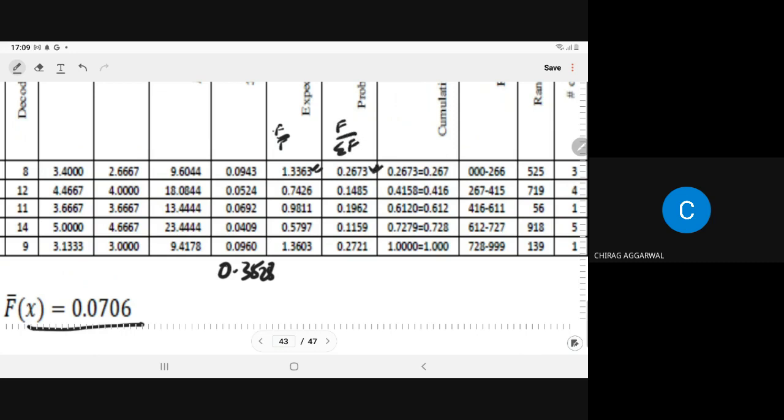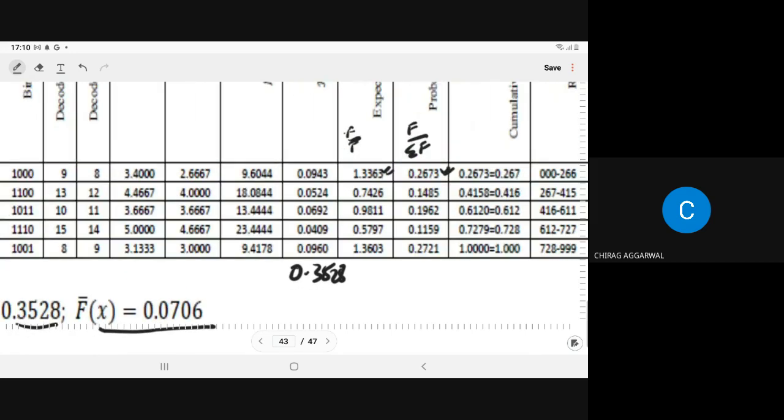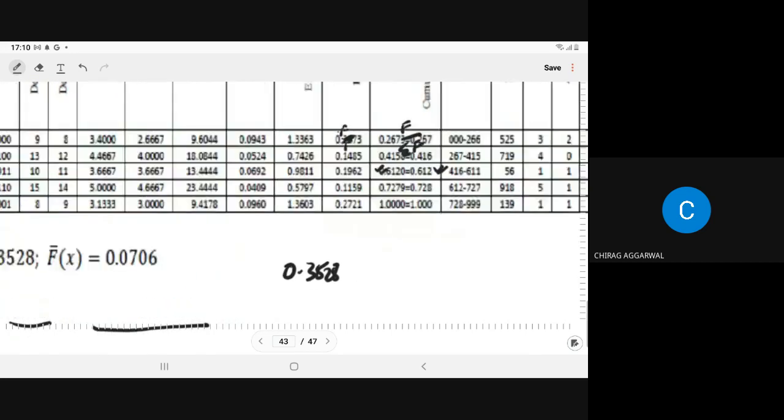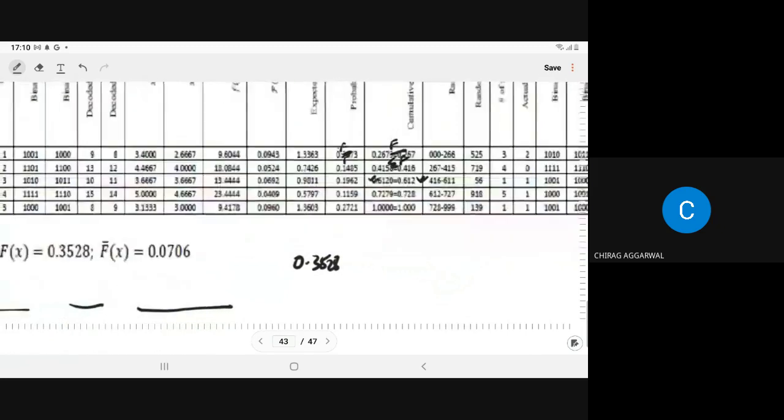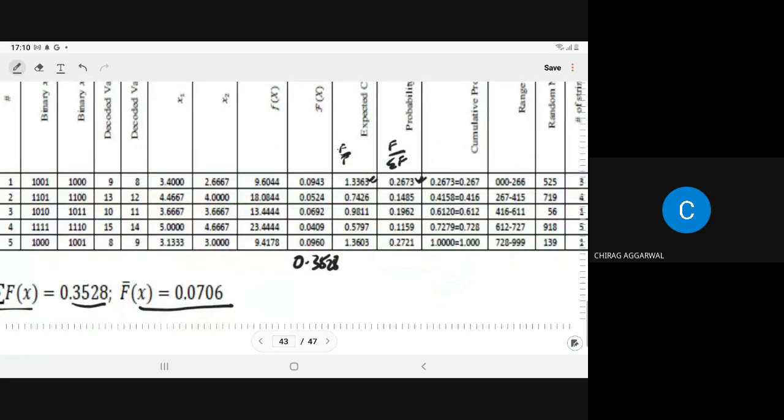So here we are getting the probability, means 0.0943 upon 0.3528, right? So 0.0943, this value is what?